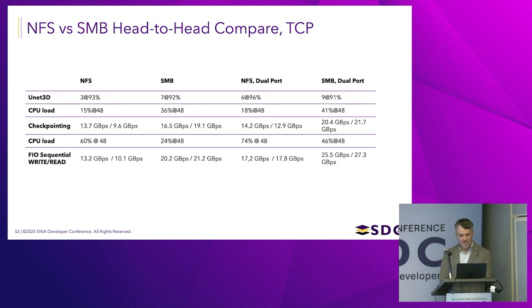Because with NFS, comparing the first 2 columns, I was able to run only 3 simulated GPUs for NFS and 7 simulated GPUs for SMB, and that's why I got more than 2 times larger workload to the SMB server, which of course increases the CPU utilization.